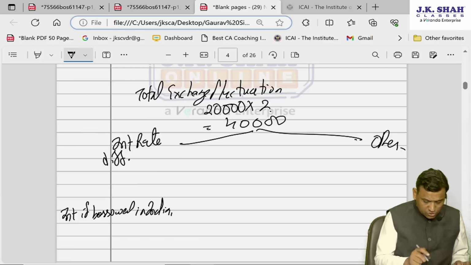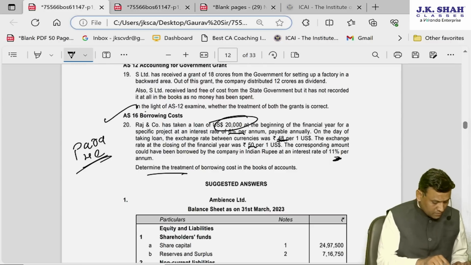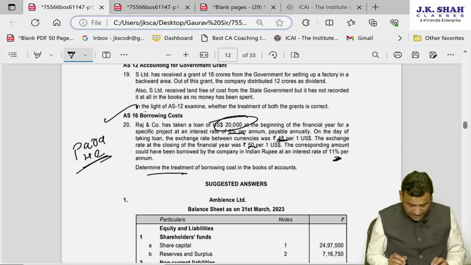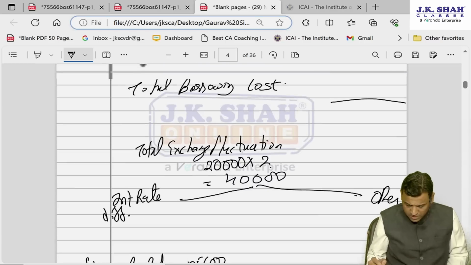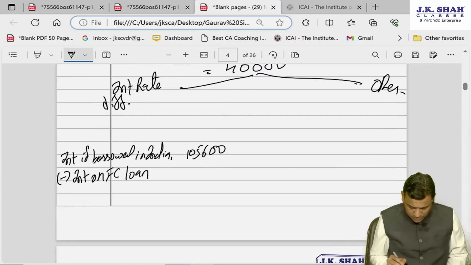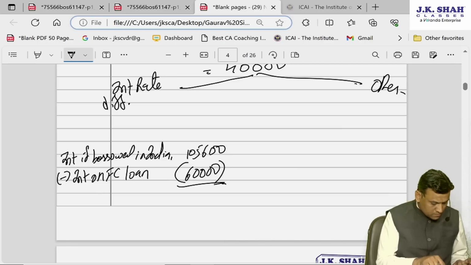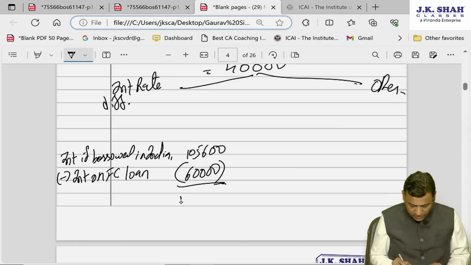You have taken a loan of $20,000. You would have borrowed at 48 rupees, so 9,60,000, on which you would pay 11% as interest. So you would have ended up paying 1,05,600 as interest. Less interest on foreign currency loan. How much interest did you pay on foreign currency loan? 60,000. So 45,600 is interest rate difference.